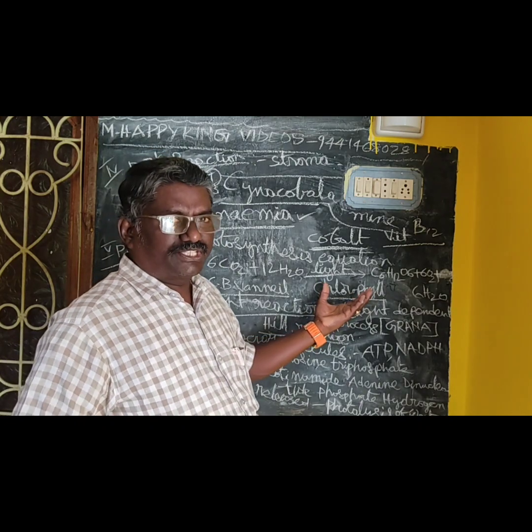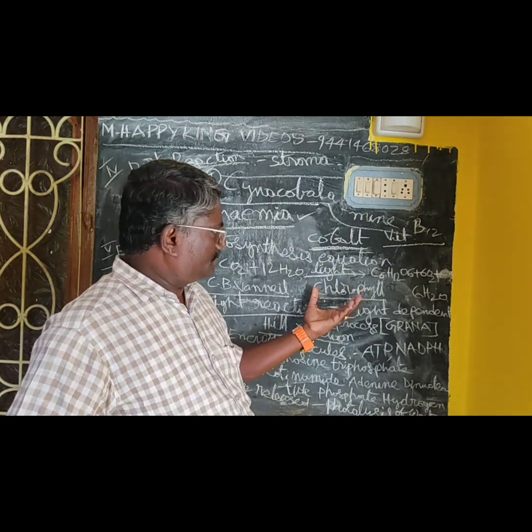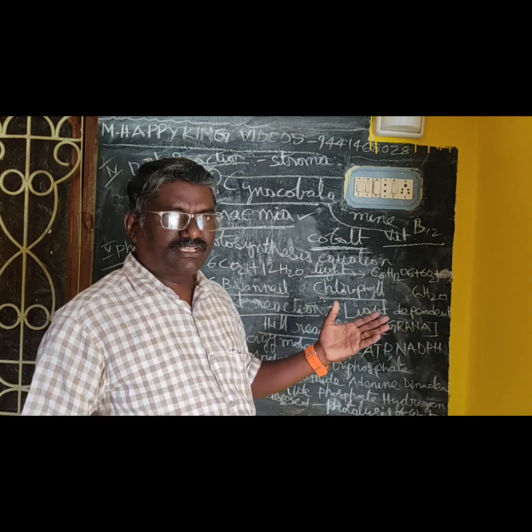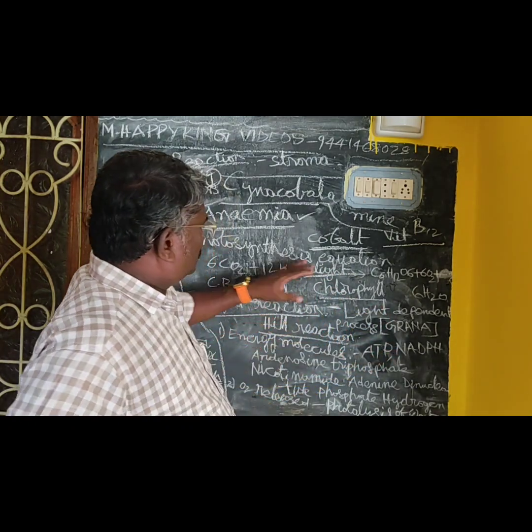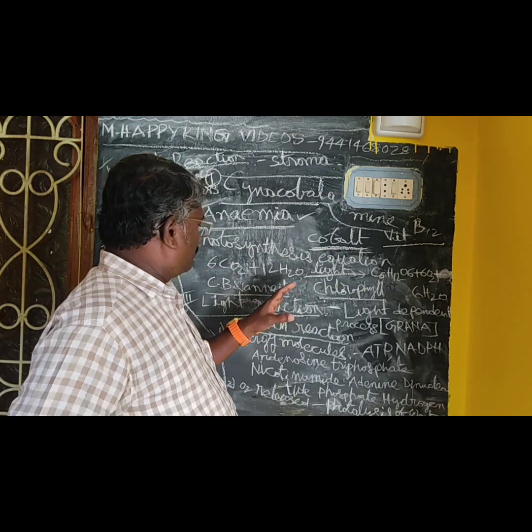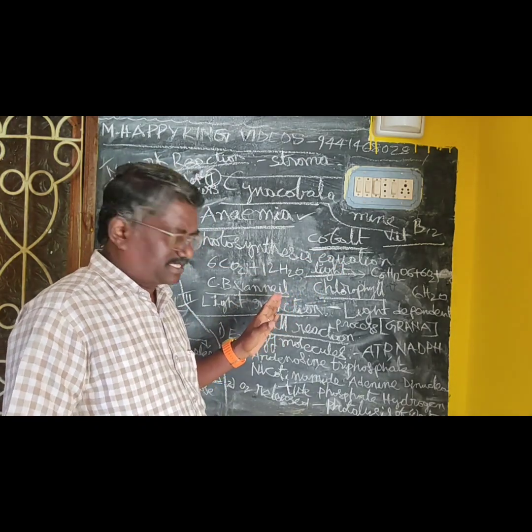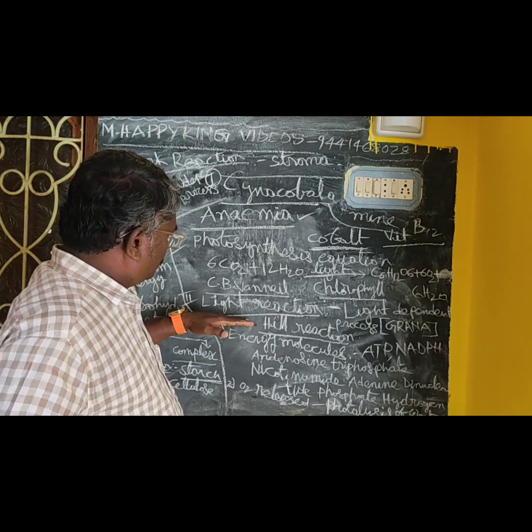The site of photosynthesis is the chlorophyll. This equation was proposed by C.B. Van Niel, the scientist.